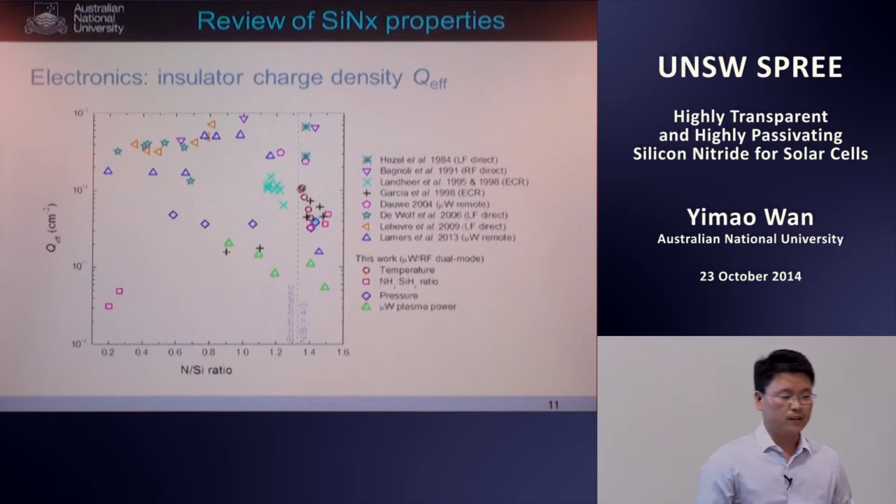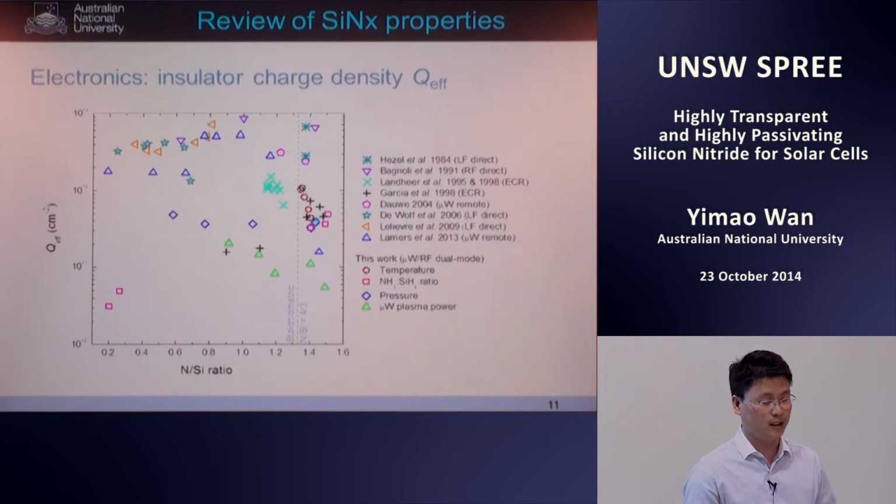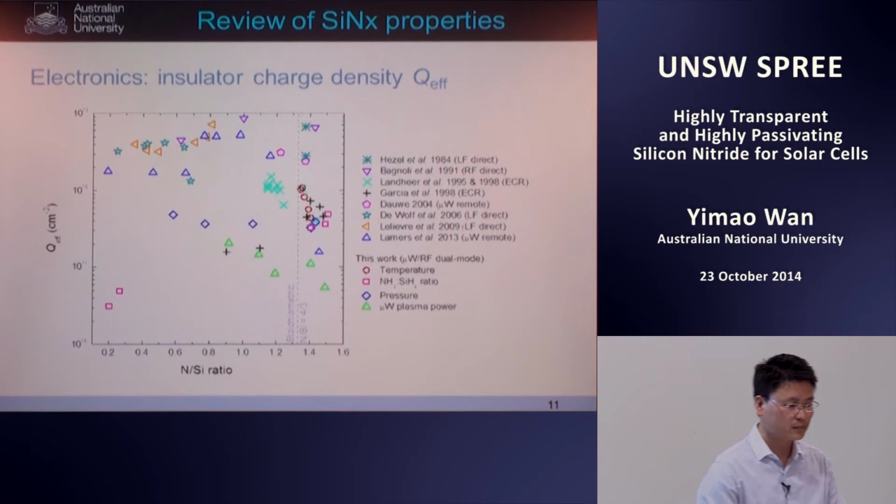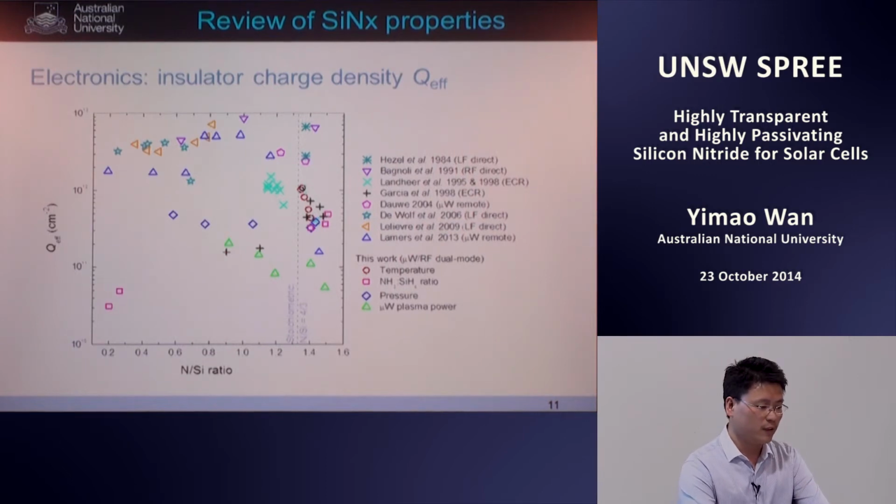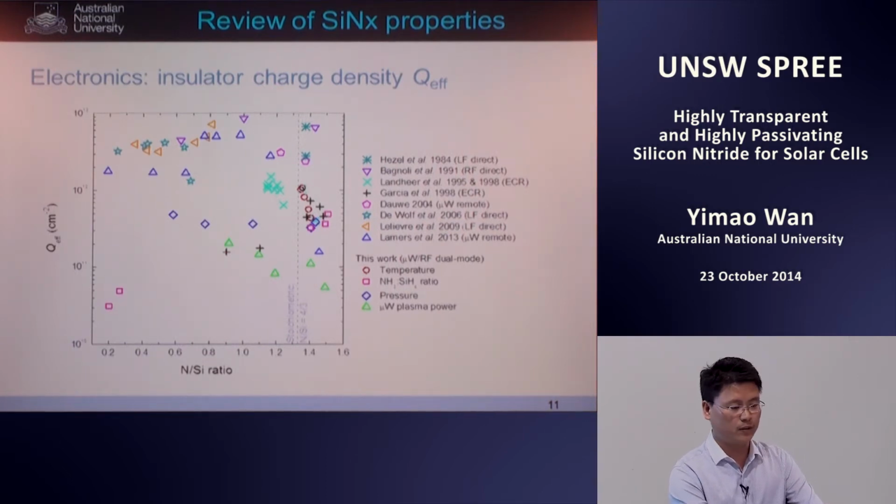And the next property of silicon nitride is the electronic property, which includes insulator charge density or interface defect density. And this is quite a fundamental property for surface recombination or surface passivation quality. The first one is effective insulator charge.